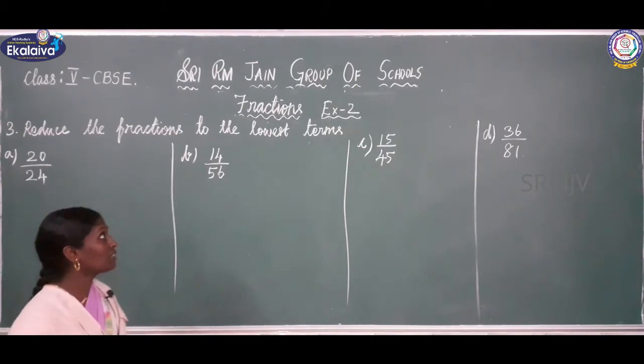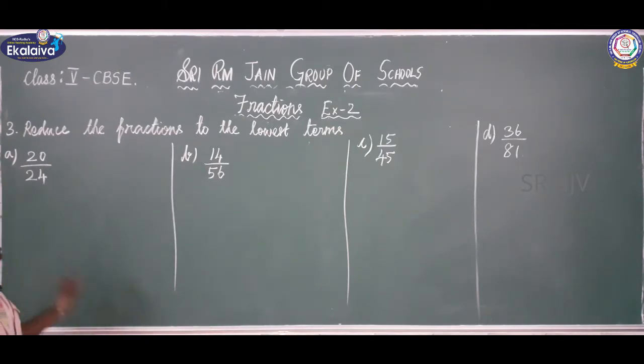The next question, again we are going to reduce the fractions to the lowest term. Here the first fraction is 20 by 24. 20 and 24 are the even numbers. So we can reduce it in 2 table. In 2 table 10 times 20, in 2 table 12 times 24.